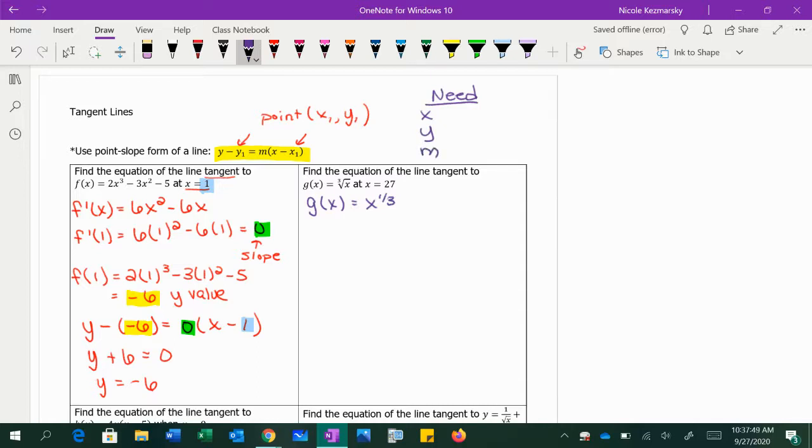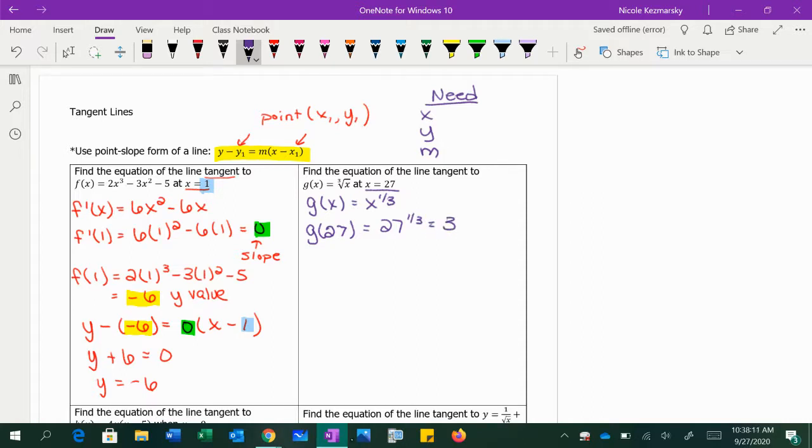So I see the x. I see that x is equal to 27. I need a y value. So I'm going to go ahead and find the y value. So I'm going to say g of 27 equals 27 to the 1/3. The cube root of 27 is 3. So there's my y value.